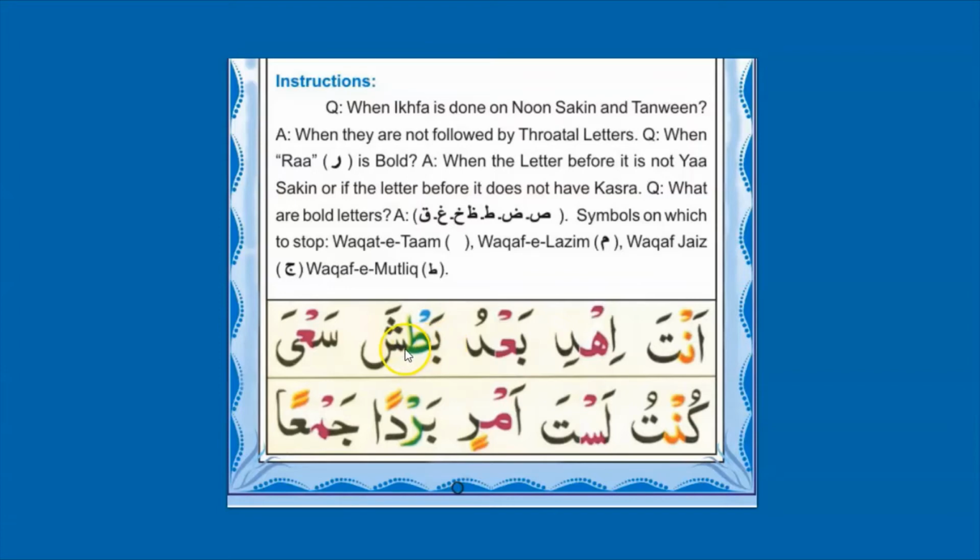So Ba'to, Sha, alright? And when there is Ra Sakina and before Ra Sakina there is Fatha or Dhamma, we have to read the Ra full, like bold, like Ba'da, Barda, and Ba'da.